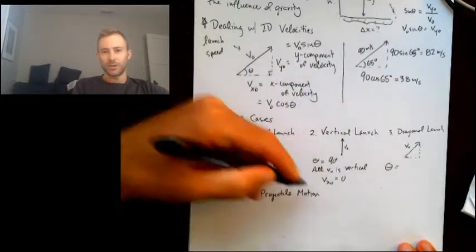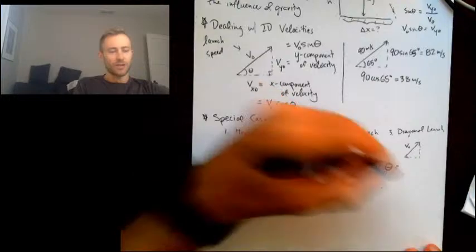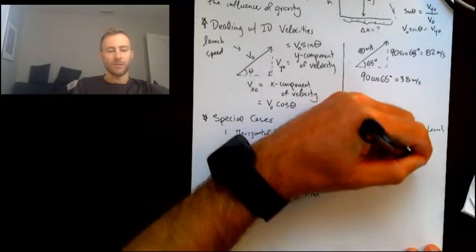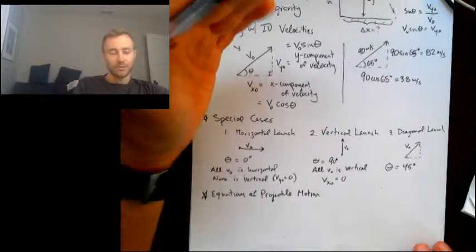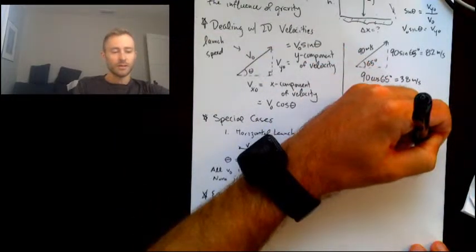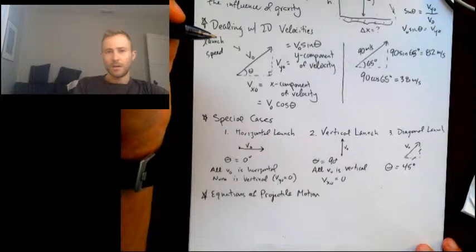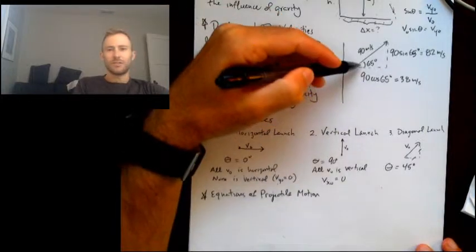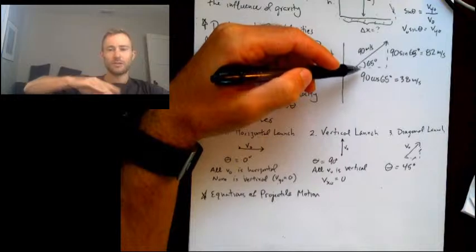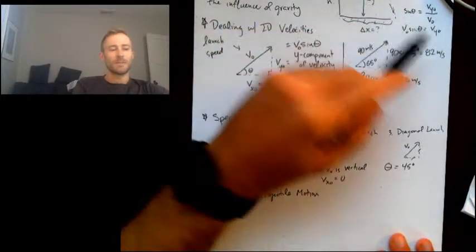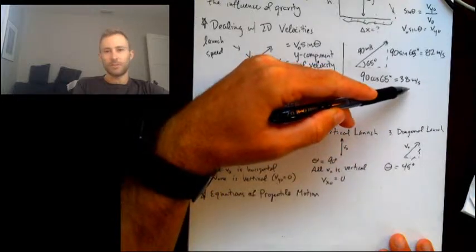None of it is horizontal. All of it is vertical. If you have a diagonal launch, that is correct, it is 45 degrees. And the significance of a 45-degree launch is that it's equally vertical and horizontal. Okay. Here we could see that 65 degrees is closer to vertical than it is to horizontal. So it's going to have a bigger y component of the velocity than its x component.